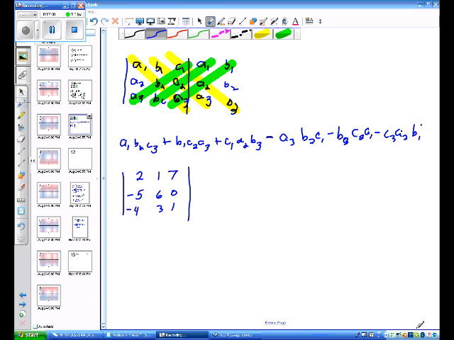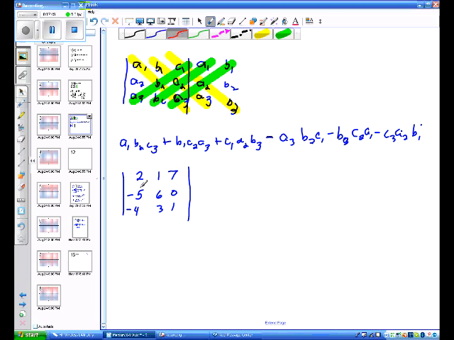Okay, if we take this matrix, we want to find the determinant. Now, I don't recommend trying to memorize all of this pattern. What I would recommend if you're going to do this method is to write down your first and second column. So we're going just right here at the end, put 2, -5, -4, and 1, 6, 3.